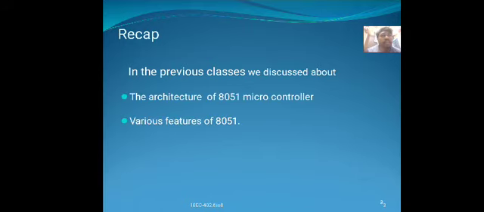Recap. In the previous classes, we discussed the architecture of the 8051 microcontroller and its various features.